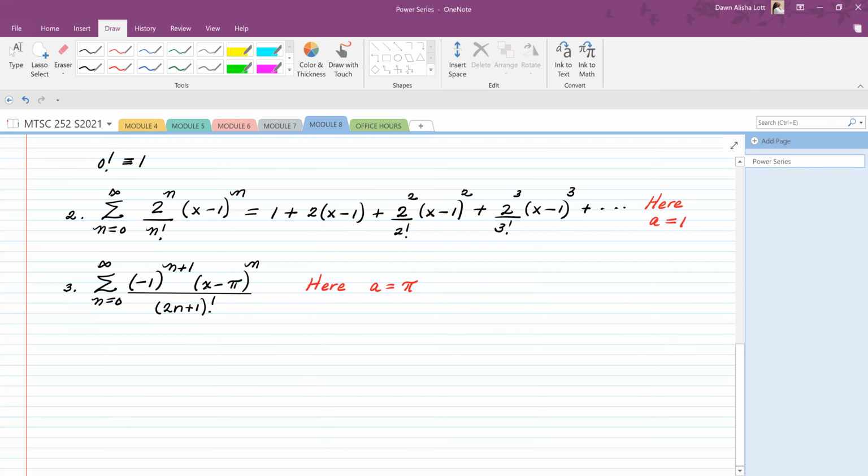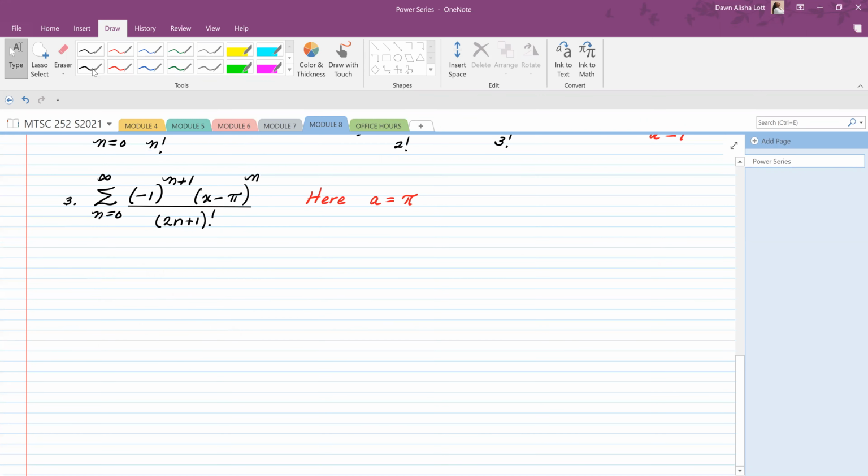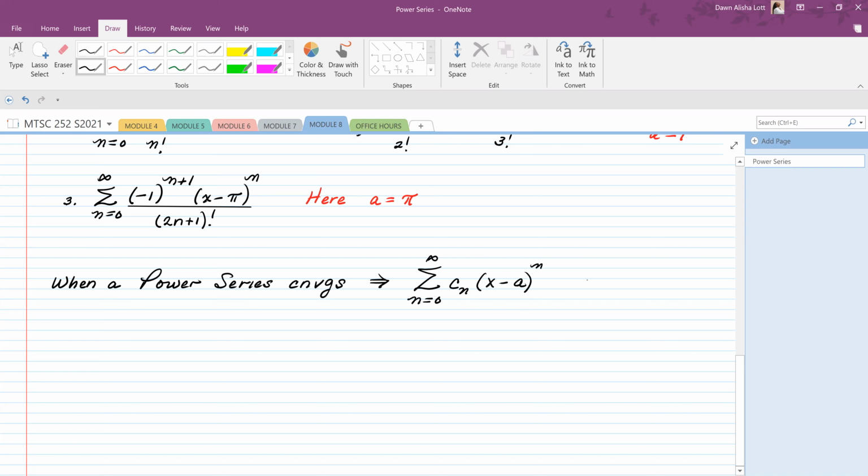Okay, so what does it mean for a power series to converge? Well, it's just like any other series. Okay, so when a power series converges, that just implies that the sum n equals 0 to infinity of Cn, whatever that is, x minus a to the n is some finite number.